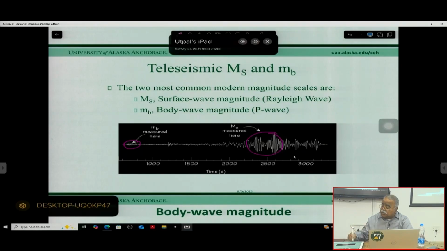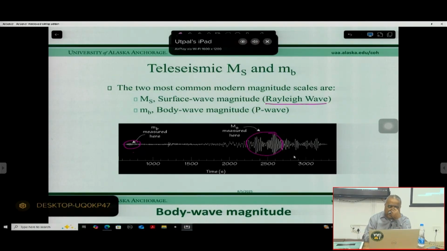As I told you, this is your body wave, meaning the P wave arrival, then there is the S wave arrival, and then there is the surface wave. In the surface wave part, we measure it here, which is basically the Rayleigh wave part.